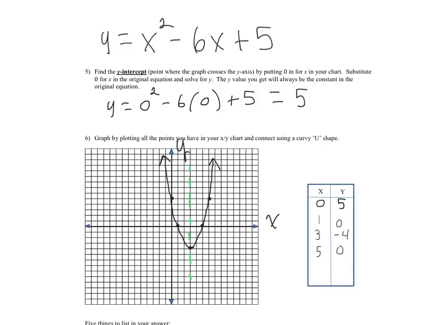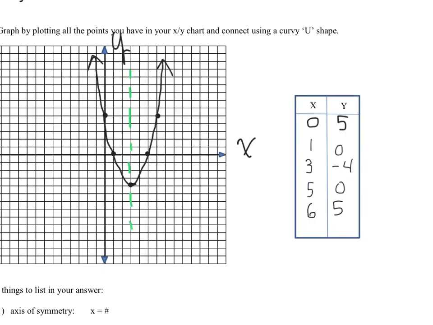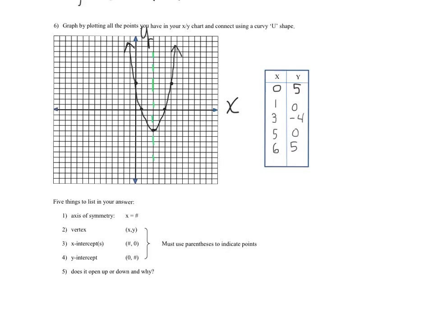And we should also place our 5th point that we found right here in our chart as well. So that would be 1, 2, 3, 4, 5, 6, right 6, up 5 to balance out with the y-intercept. So here I've placed that reflection point. So we've finished graphing our parabola.